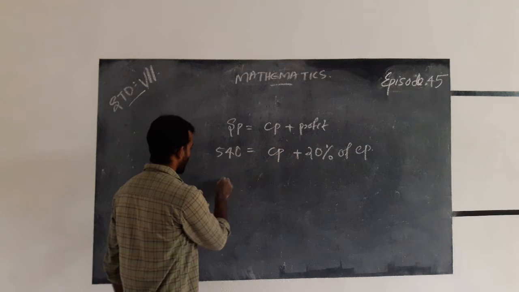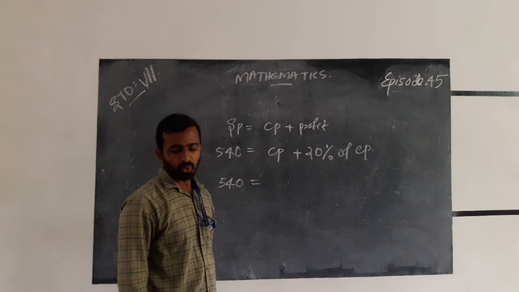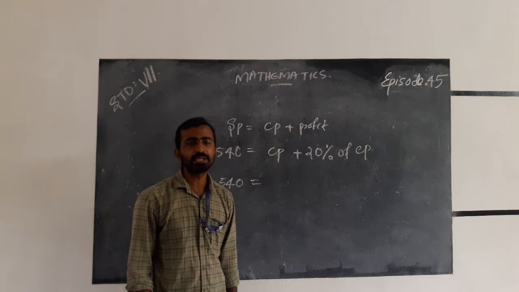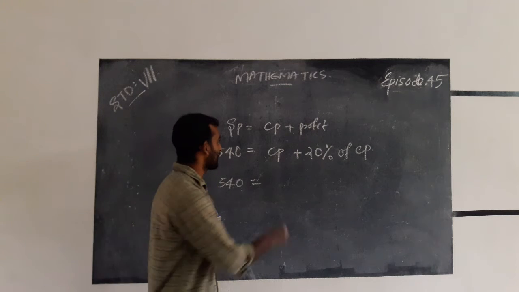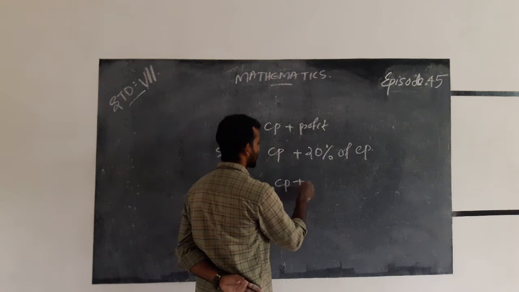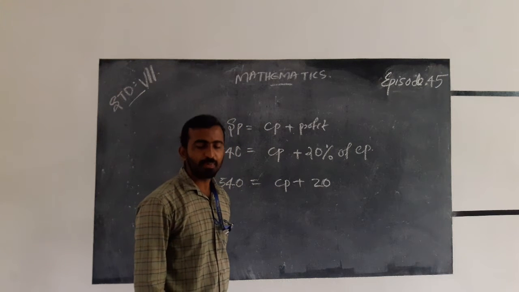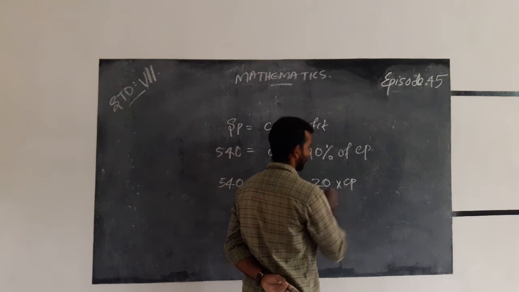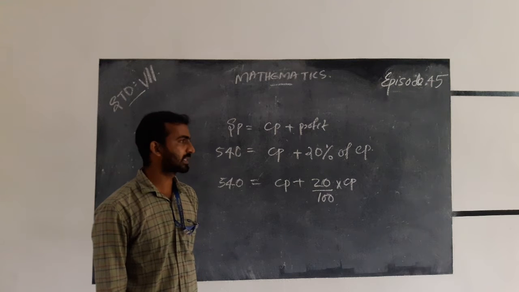So 540 equals CP plus 20 by 100 into CP. Is it right? Can we write like this?